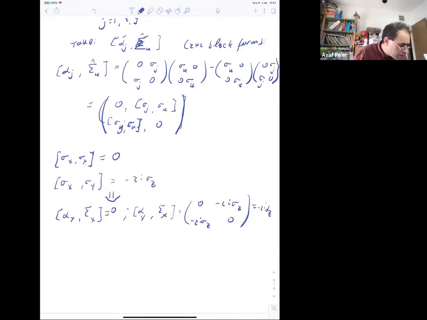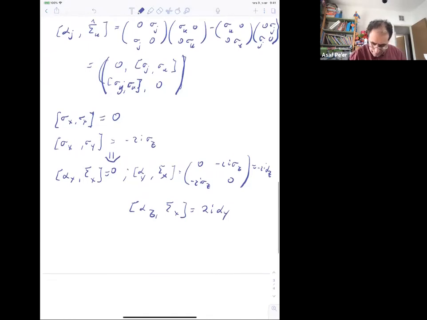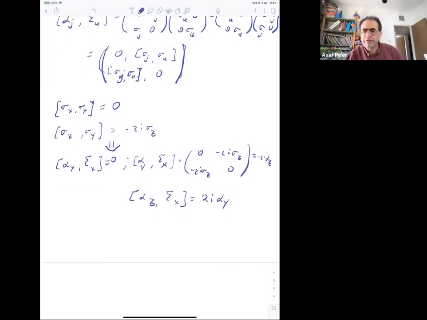Okay, hopefully I didn't get too confused with the symbols here. I think I'm okay, but check me if I have a minus sign missing somewhere. And then the same for alpha z and sigma x. This should be 2i alpha y. Check if I didn't miss any minus sign somewhere.